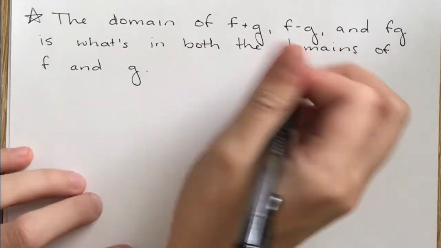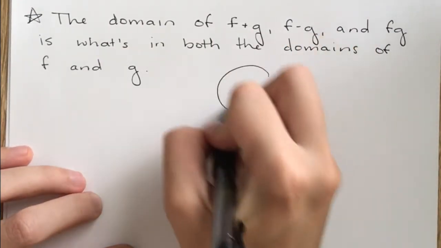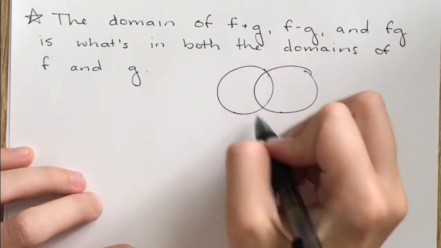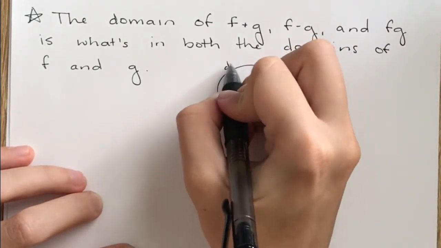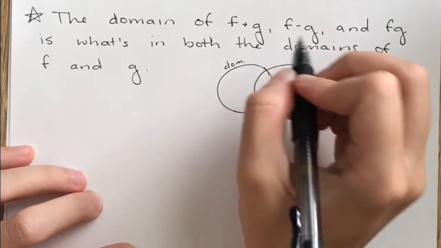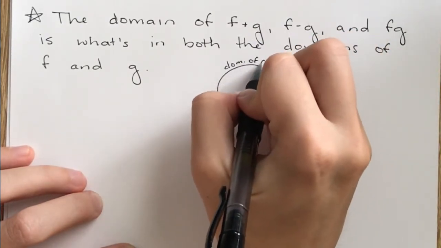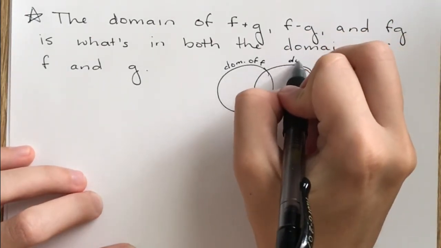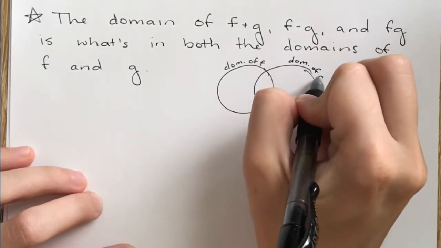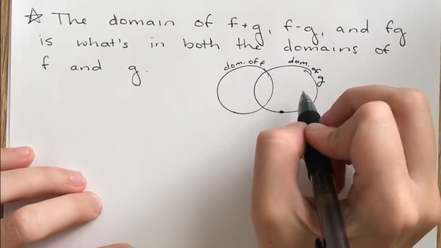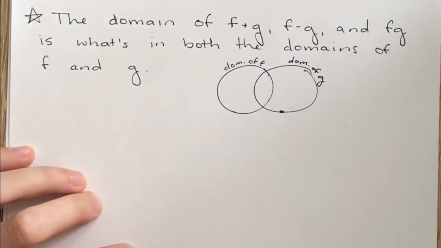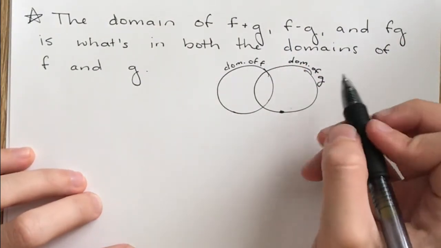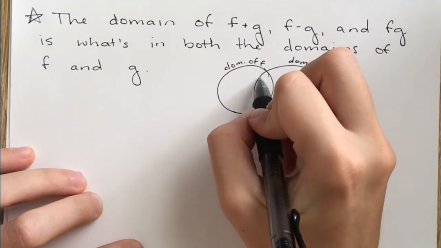So what do I mean by that, by what's in both? I mean, if I'm looking at a Venn diagram and this circle contains all of the stuff in the domain of f, and this circle contains all of the stuff in the domain of g, then the domain of all of these guys, f plus g, f minus g, and f times g, is what's in here.